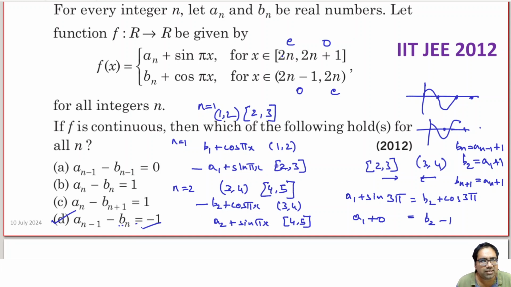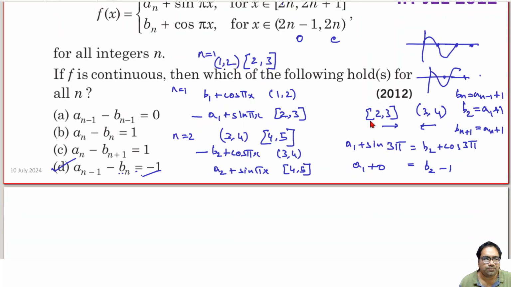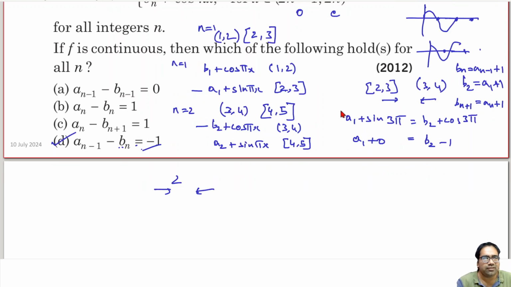Now, let us check somewhere else, for example, at 2. We'll check before 2 and after 2, approaching 2 from the left hand side and from the right hand side. When approaching 2 from the left hand side, that is this part, it becomes b1 plus cos pi times 2, which is cos 2 pi.